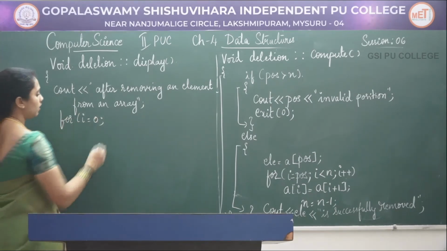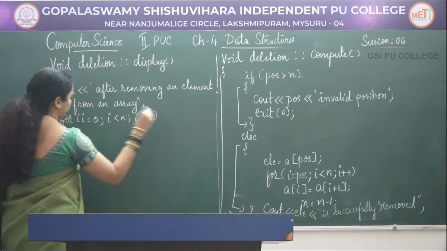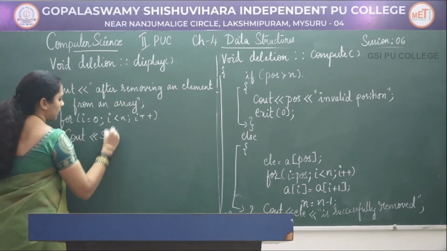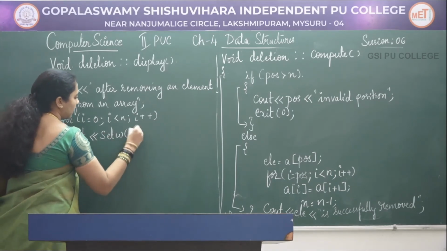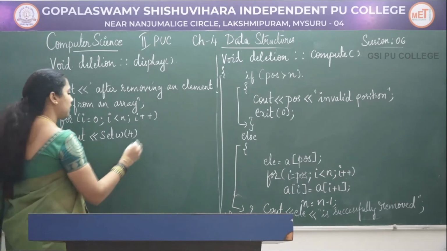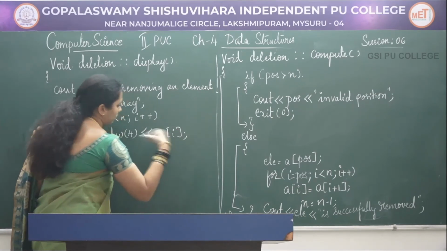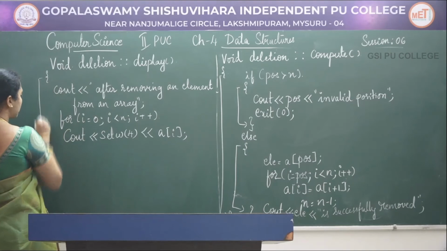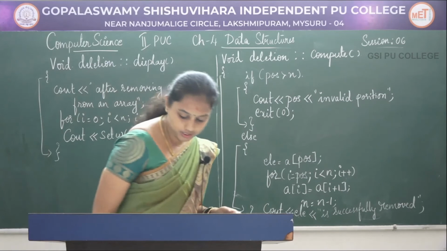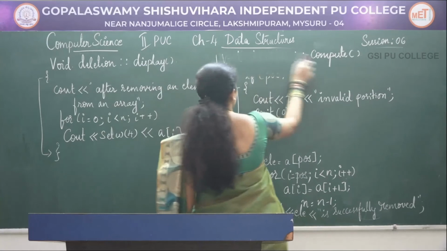So i is equal to 0, i less than n, i plus plus. cout, setw function I am using to set the field width between the array elements, A of i. So close this function. Next we have to create an object for the class deletion.